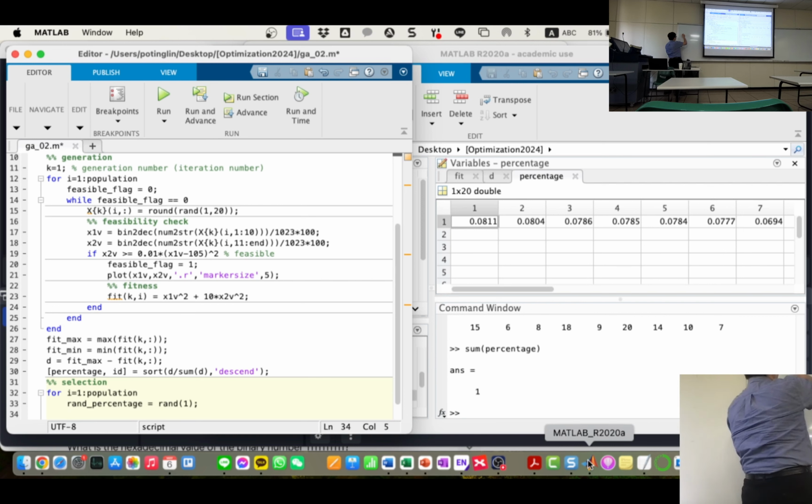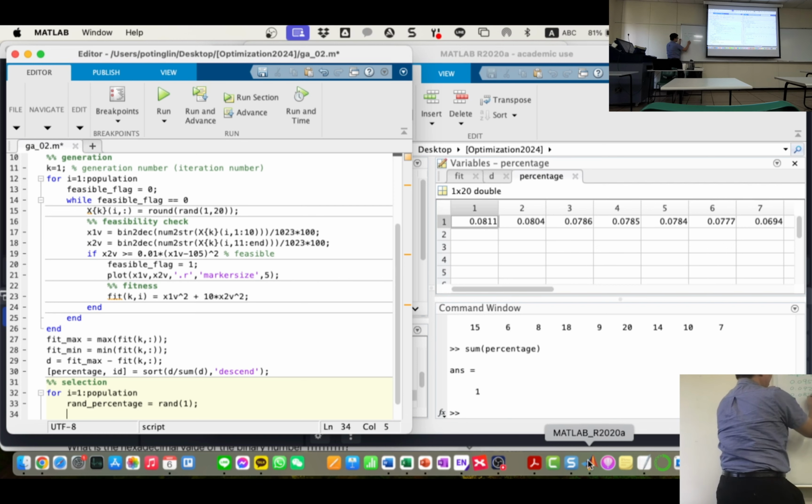Like I have 20 of 20%, right? And the largest one goes first. So they are values like, for example, 9, 9, 2, something like this.